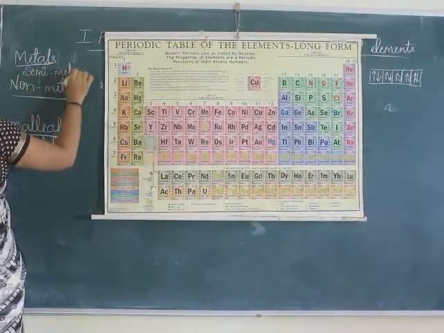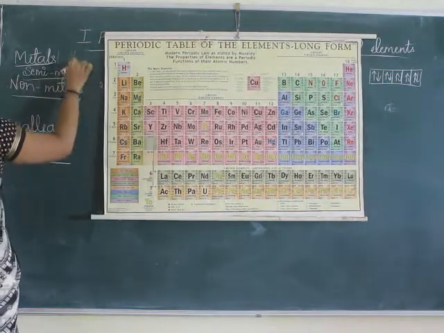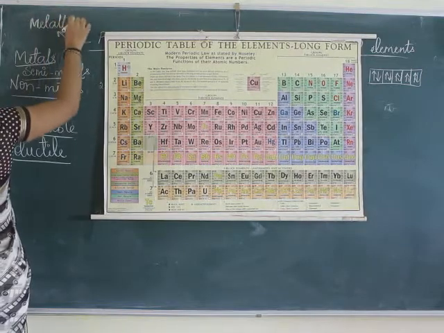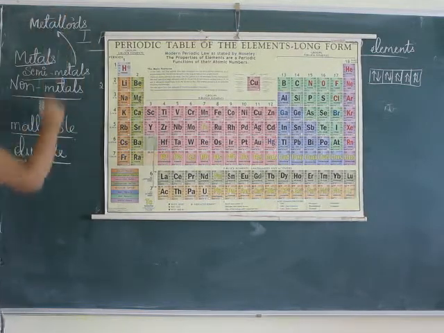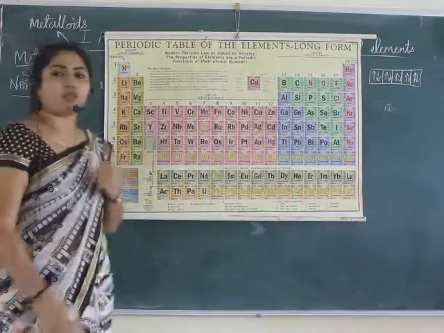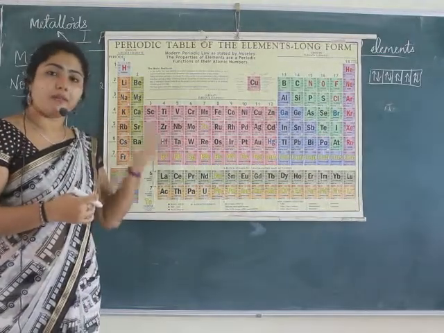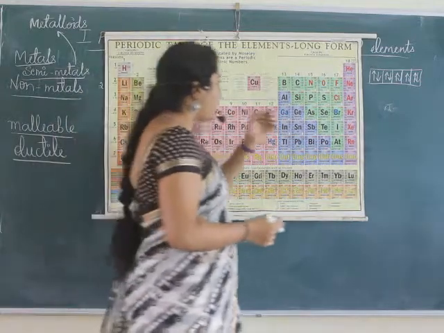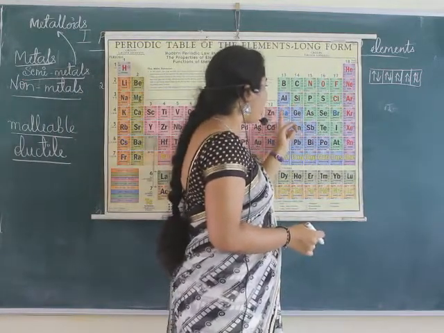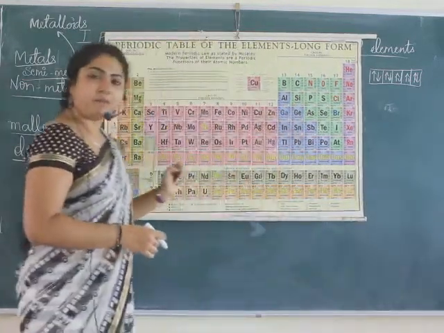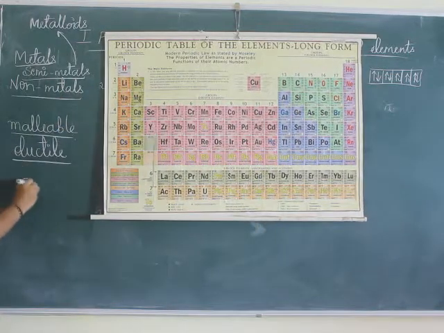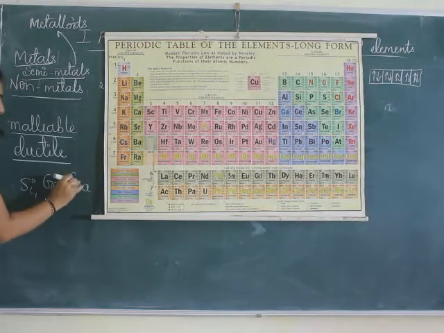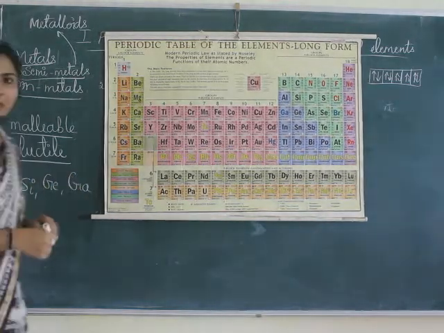Semi-metals, or we also call them metalloids. So what are metalloids? Metalloids are those which show properties in between that of a metal and a non-metal. Silicon, germanium, gallium are examples for semi-metals or metalloids.